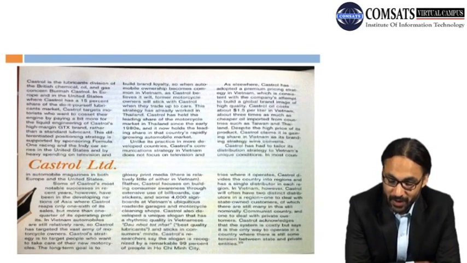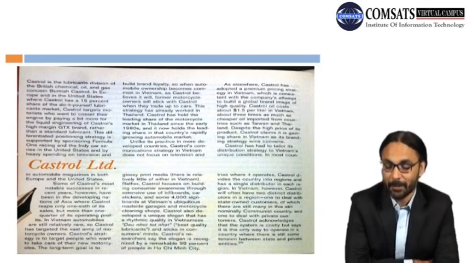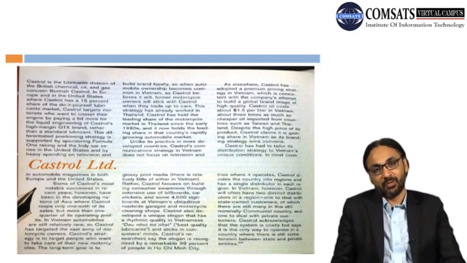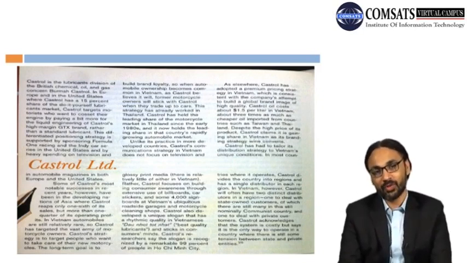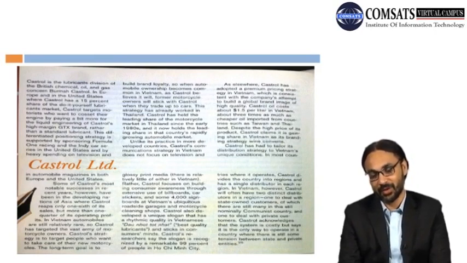In Vietnam, however, Castrol will often have 2 distinct distributors in a region, one to deal with the state-owned consumer and one to deal with the private consumer, because this is a nominally communist country. One distributor deals with the state-owned consumers, and the second deals with private consumers.